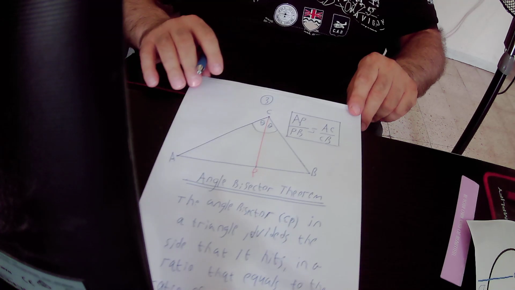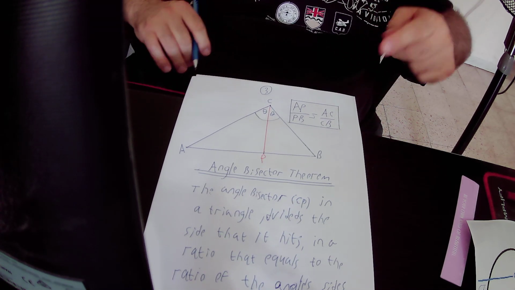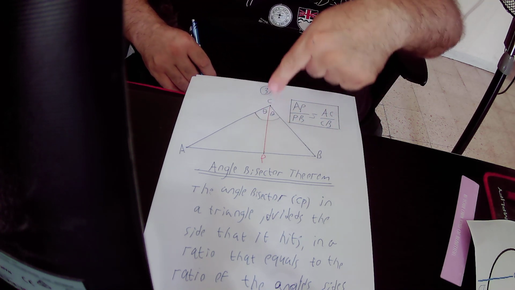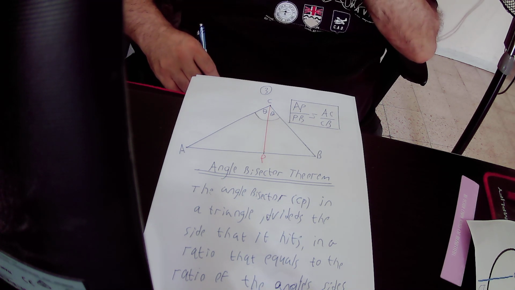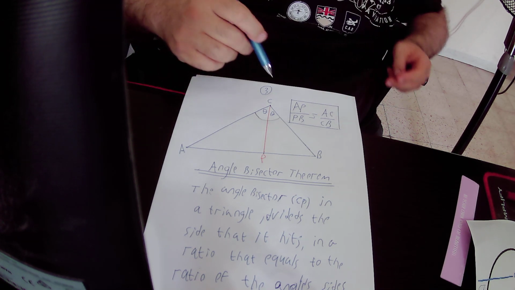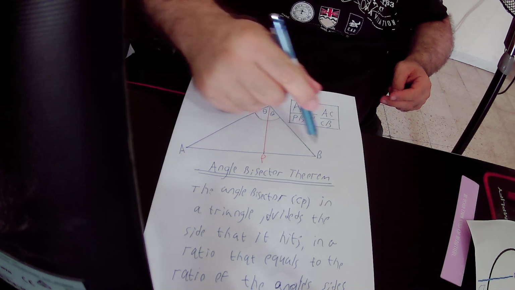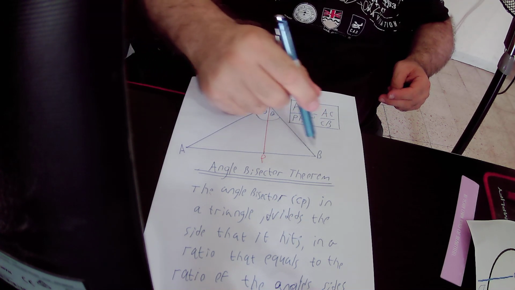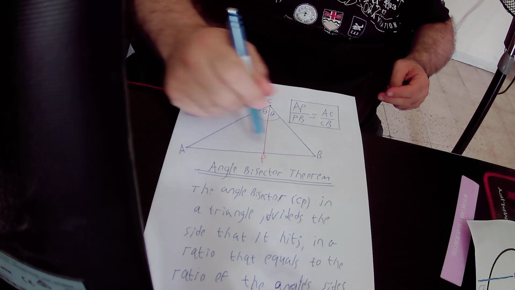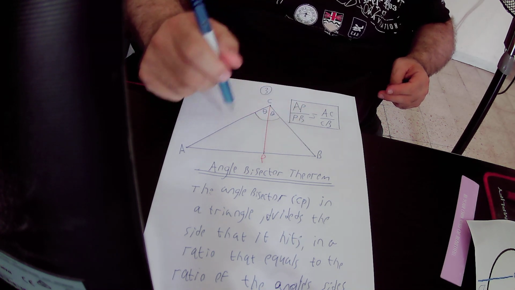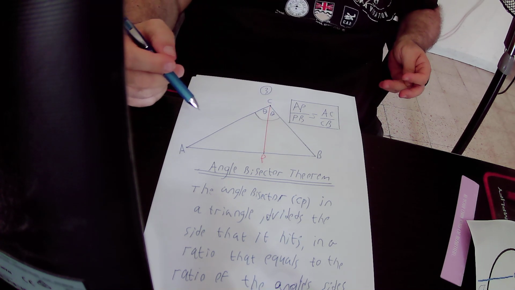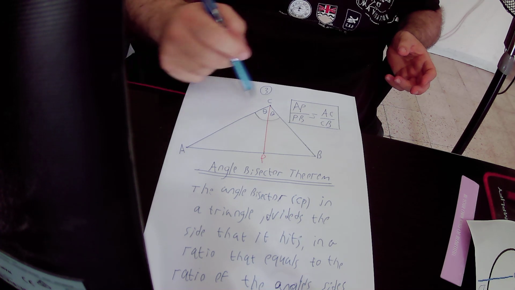Again, the angle bisector CP, the line in the red color, divides the side that it meets. CP meets side AB of the triangle, and divides it into two parts. And the ratio between those two parts, that is to say AP over BP, equals the ratio between the angle's sides.